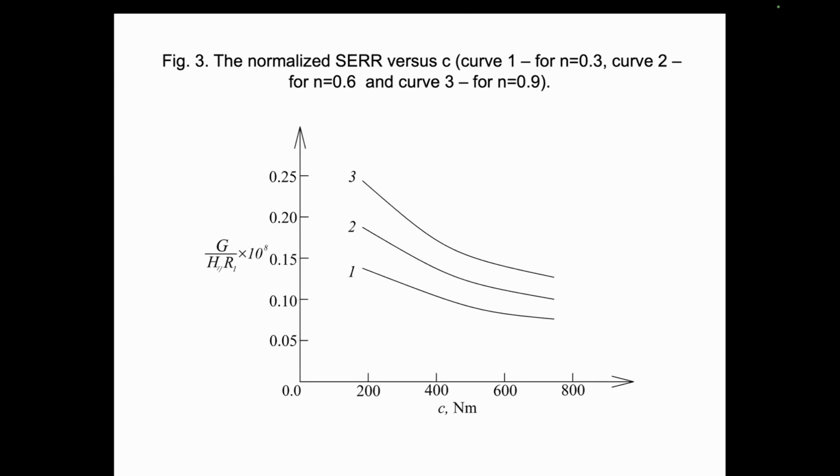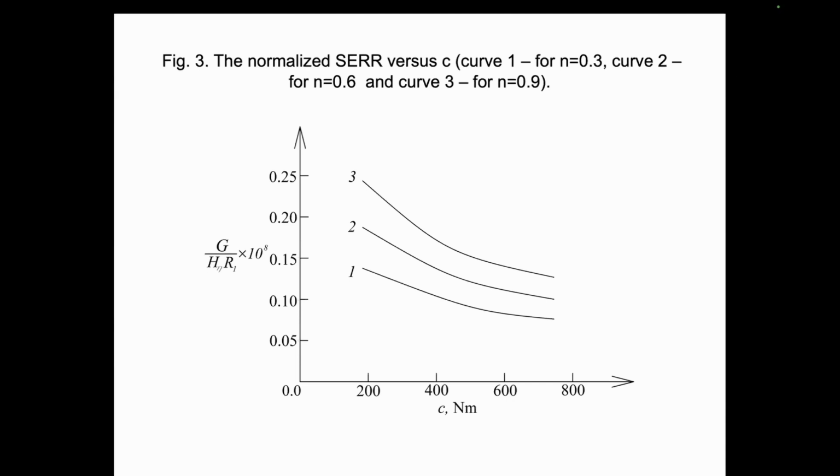The curves shown in figure number 3 indicate how the normalized strain energy release rate is affected by the spring constant C and the value of the parameter N of the physical law describing the spring mechanical behavior.